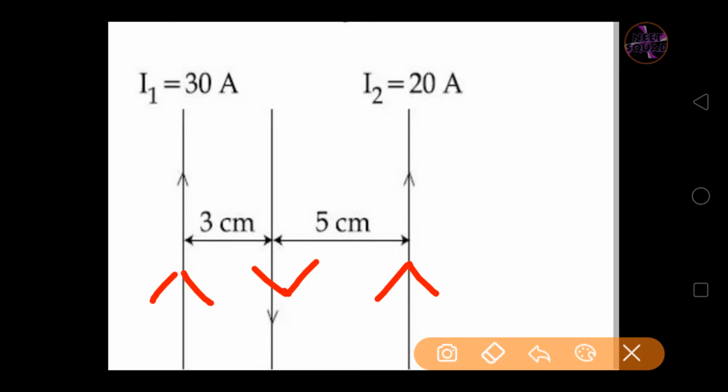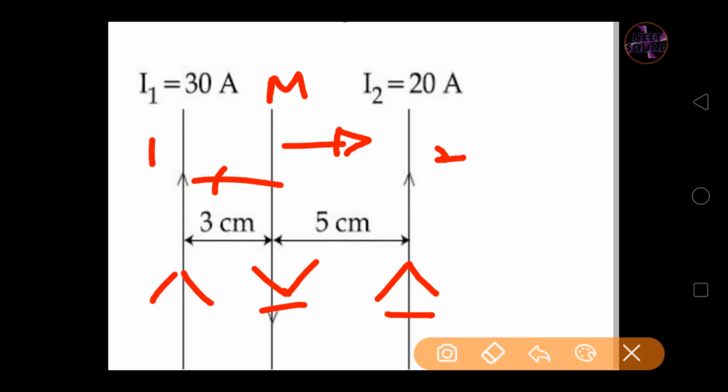So the first one will push the middle one away from itself. Similarly, the second one also, because current is in opposite direction, pushes the middle one, not pulls, away from itself.